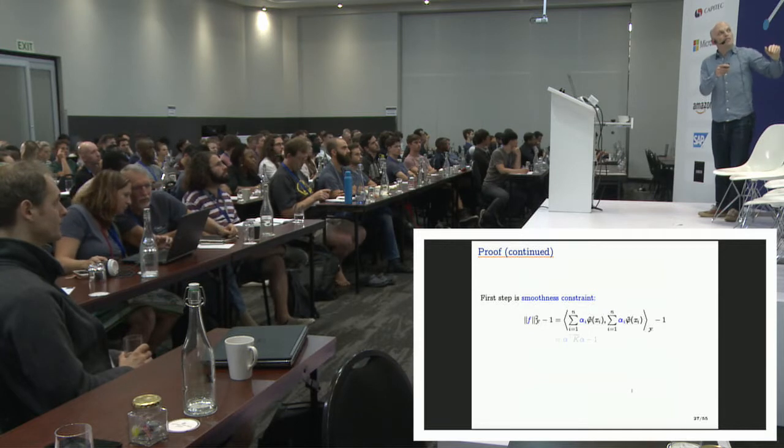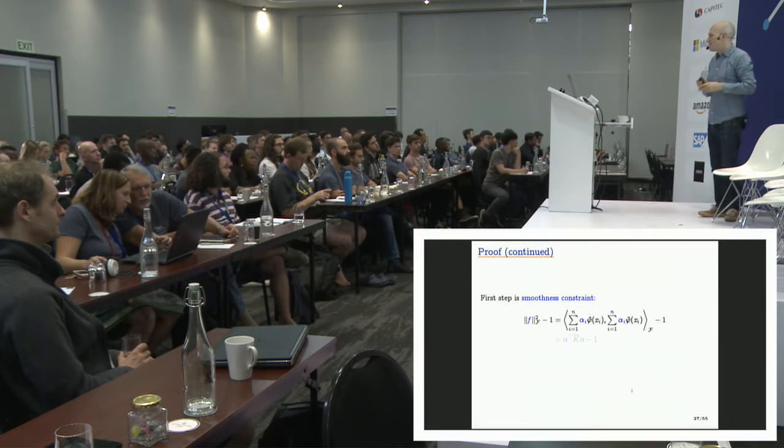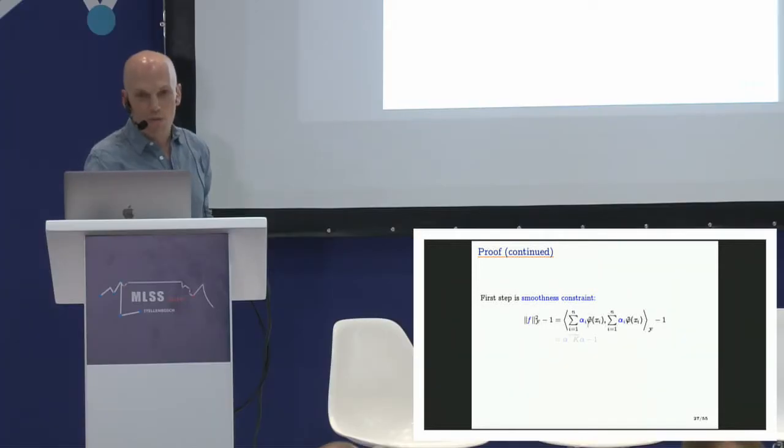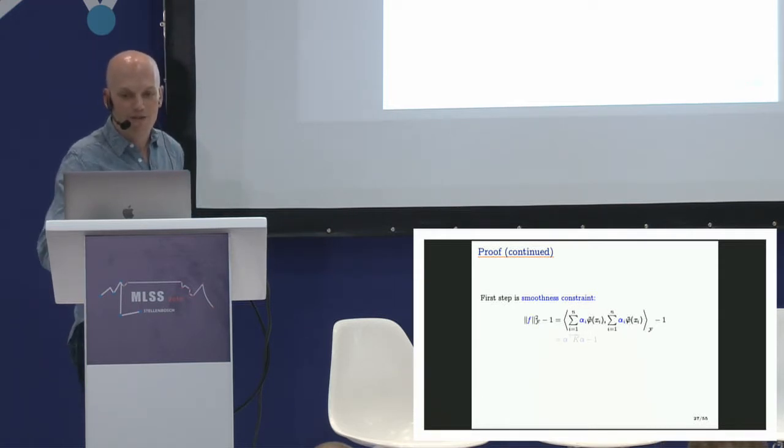F is a weighted sum of my centered features of x. That's what I have here. The norm of f squared is the dot product of this with itself. And so now I notice that I've got a whole bunch of centered features of x dot producted with centered features of x.